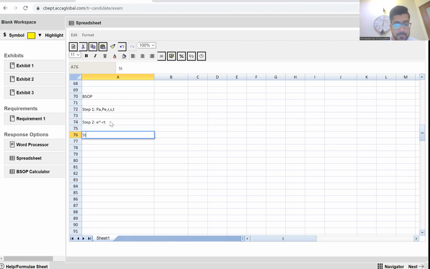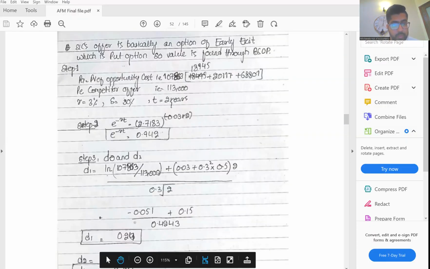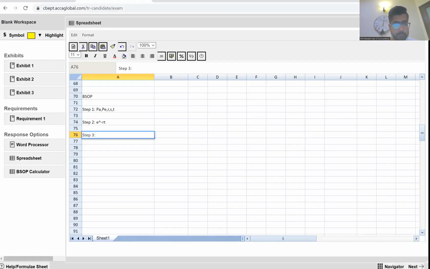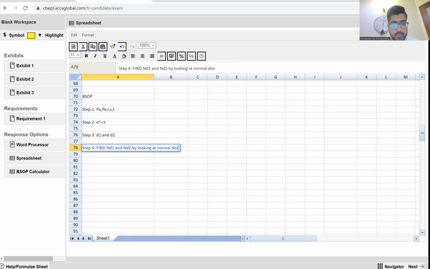Then step 3, we used to find D1 and D2. Then in step 4, we have to find N(D1) and N(D2) by looking at the normal distribution table.